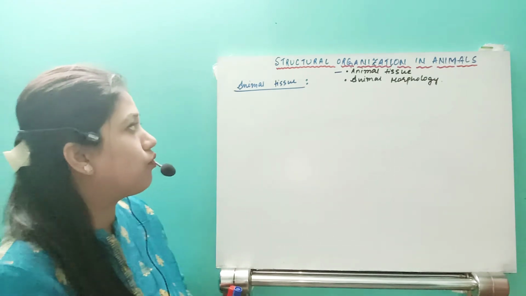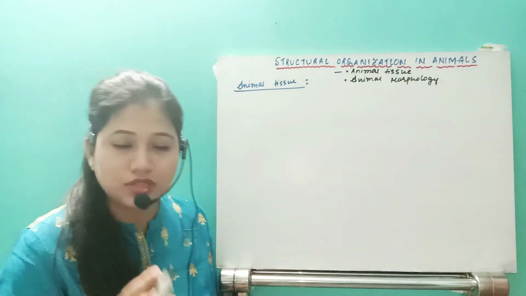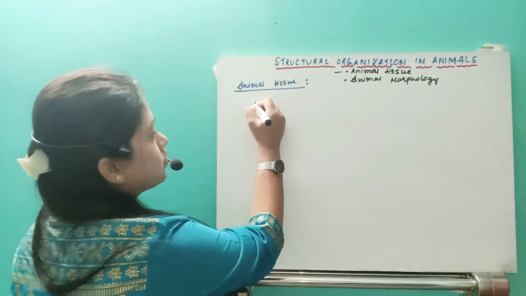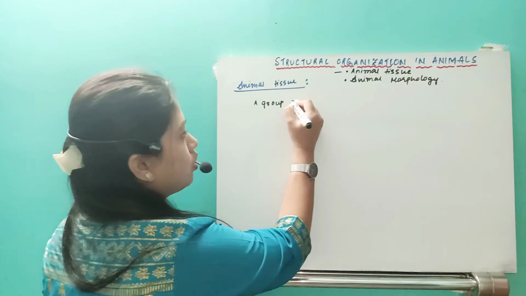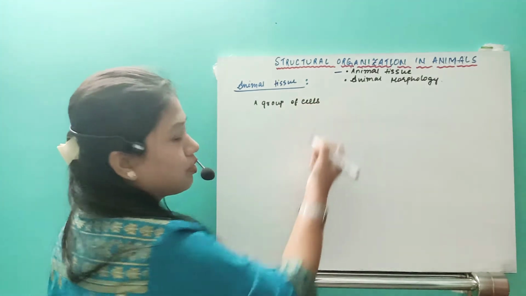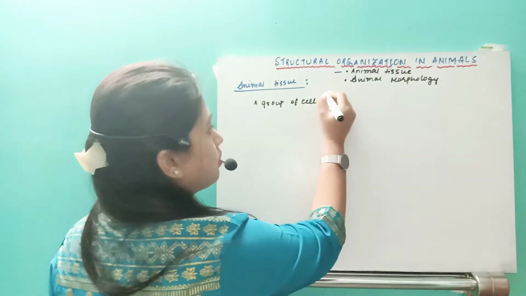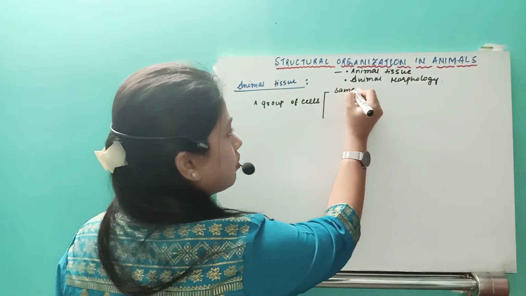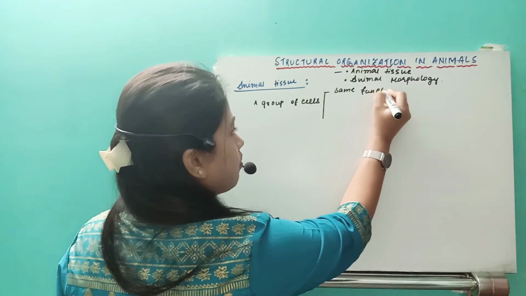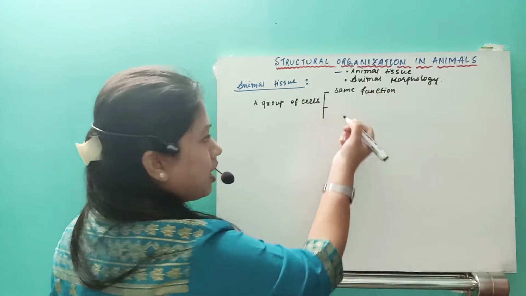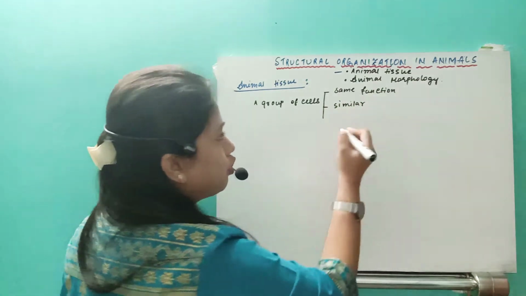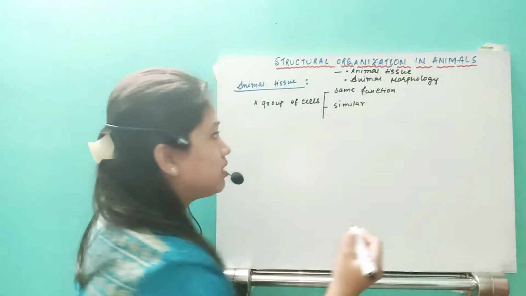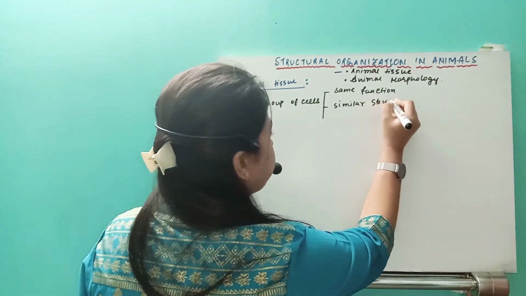Now we have to know what is the definition of tissue. Tissue means a group of cells. Okay, so let's just see what is the definition. A group of cells which perform the same function, right? They will perform same function. They have similar structure also, not exactly same but similar structure.